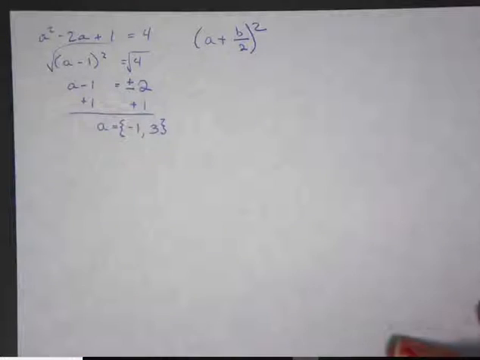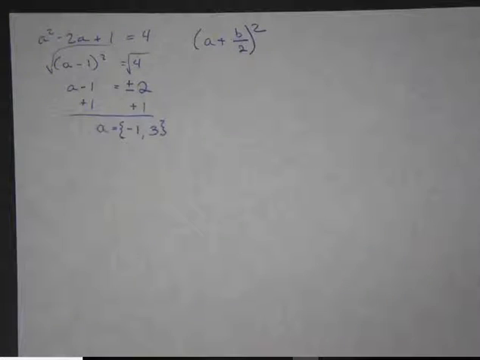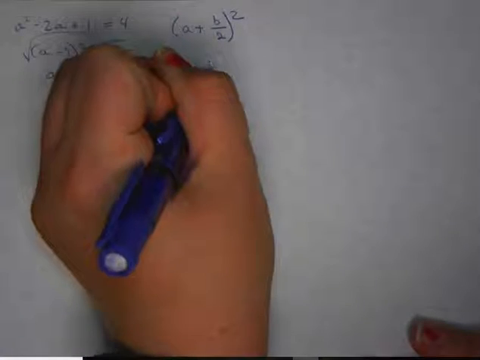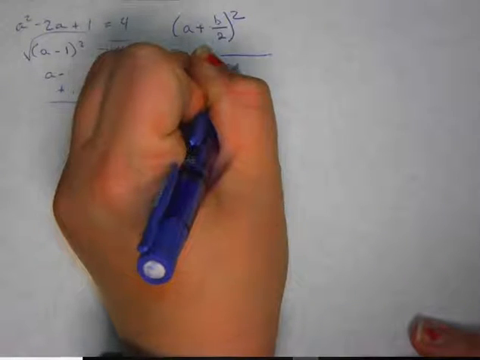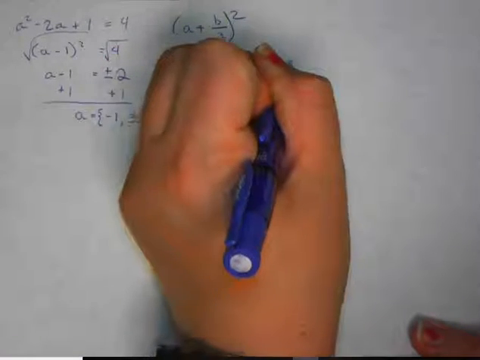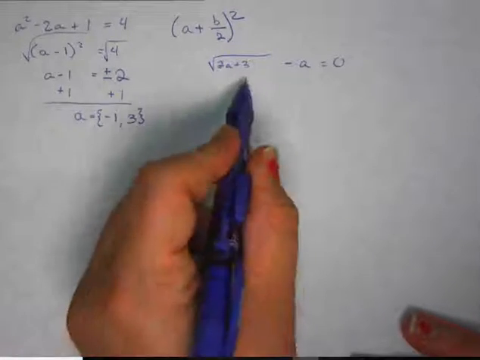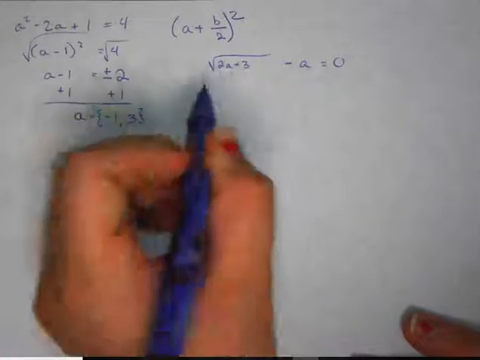However, we need to go ahead and make sure that neither of these solutions is extraneous. So what we do is we take our solutions and plug them back into the original equation, which was square root of 2a plus 3 minus a equals 0. So let's go ahead. We're going to plug in both of these numbers for a.